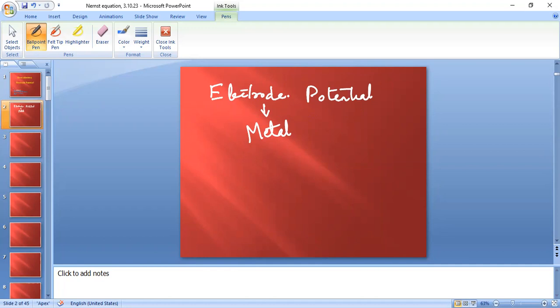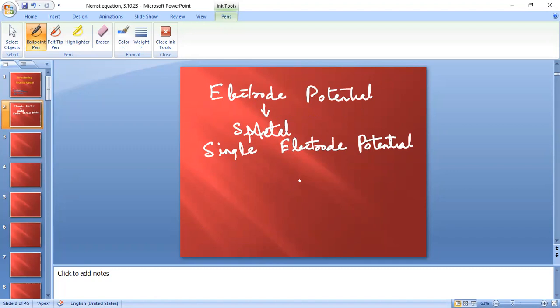Now, we go to a very important term, single electrode potential. What is single electrode potential?